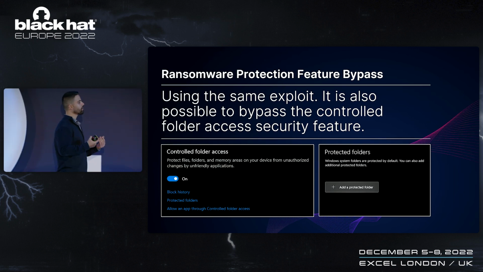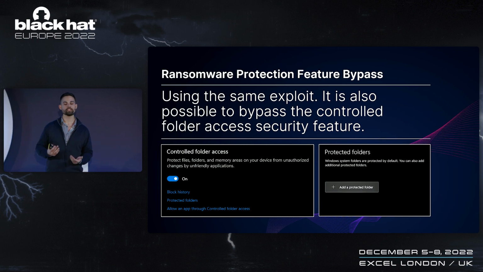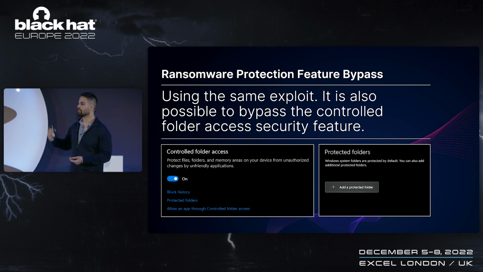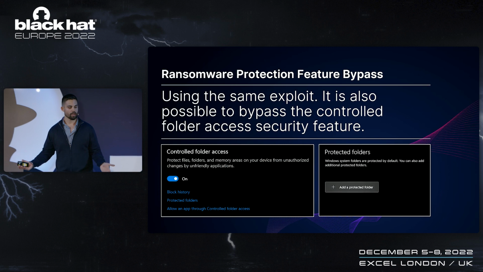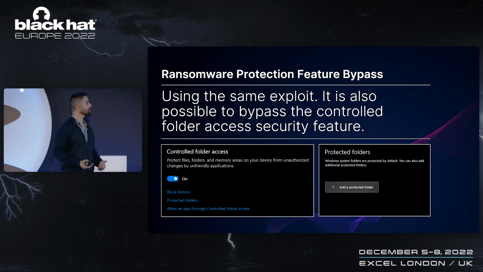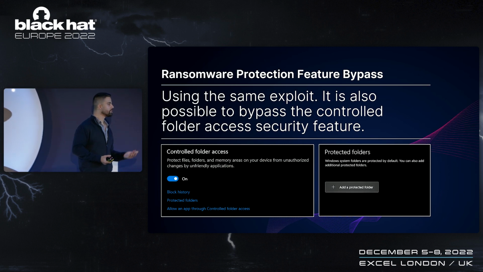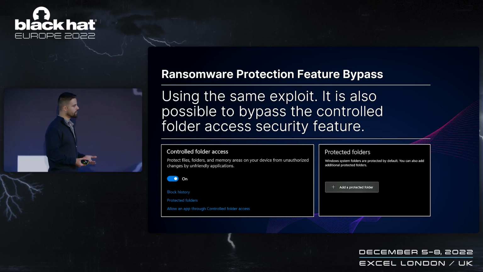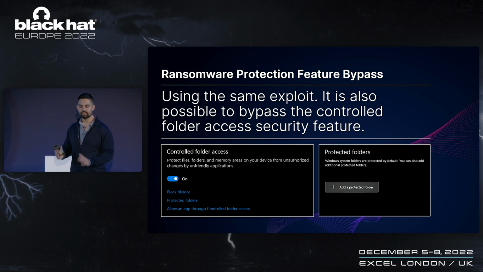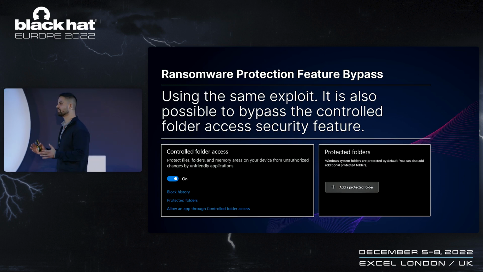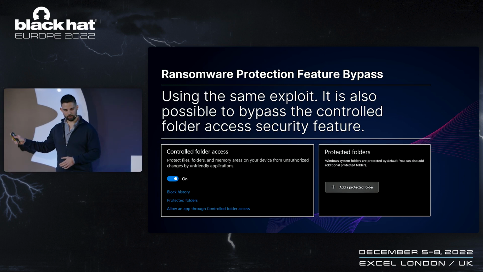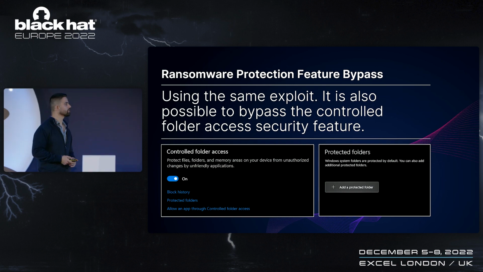But if we are causing the most trusted entity on the system, whether it's Windows Defender or other EDR antivirus products, to delete these files or directories, then controlled folder access is not going to stop them from doing that because they are the most trusted process on the system. So again, this exploit is relevant to bypass this feature as well.